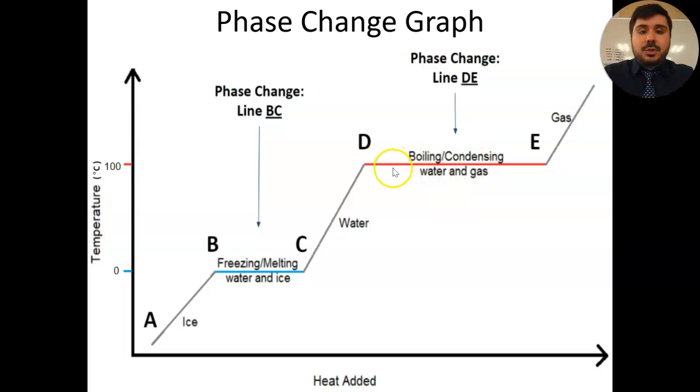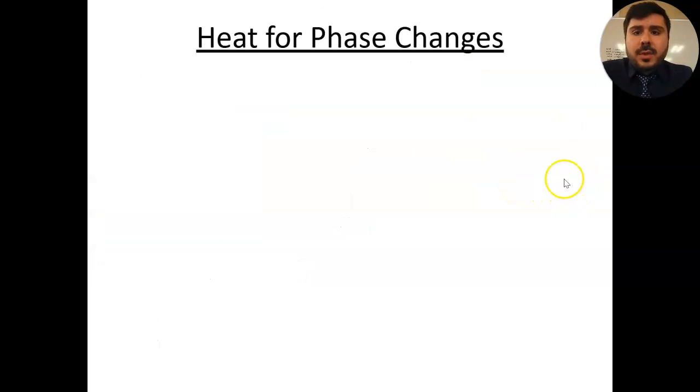Nothing happens with temperature, but all the while, heat is still being added from left to right, from point D to point E. Eventually, once all that water has changed from liquid to gas at point E, that gas can start to increase in temperature again as more heat is being added. So this is a great example of what a phase change graph is going to look like. You guys will definitely do an example of one of these in class, so look out for that.